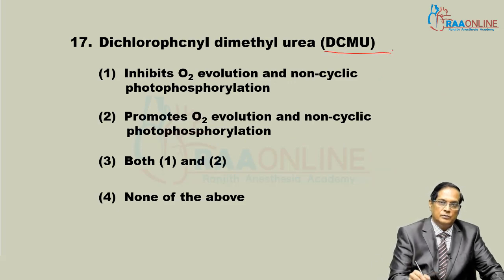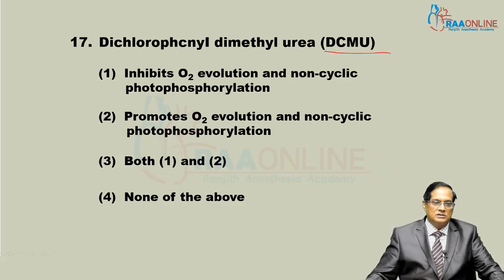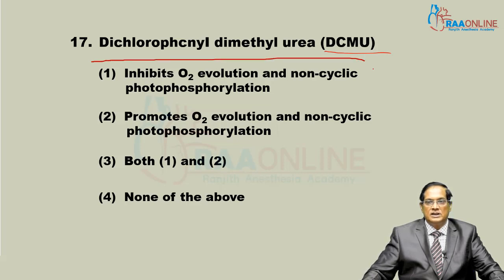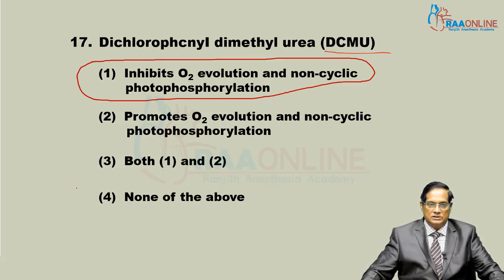Then DCMU, a direct question. It is an inhibitor of pigment system number 2, and pigment system number 2 is associated with oxygen evolution and non-cyclic photophosphorylation.